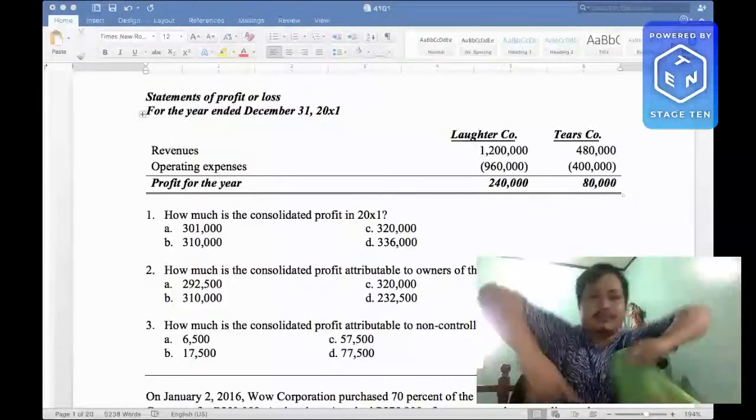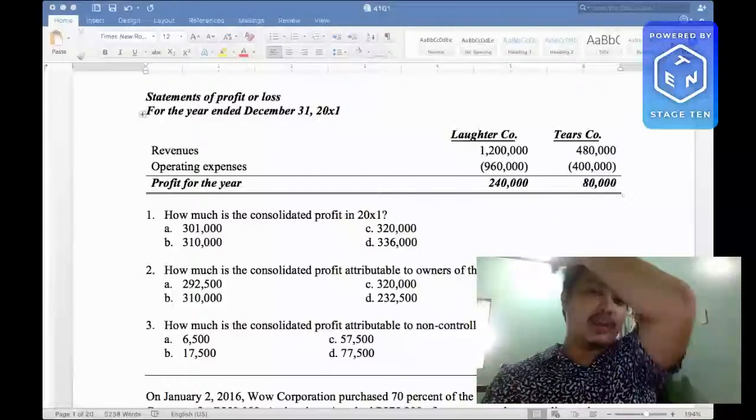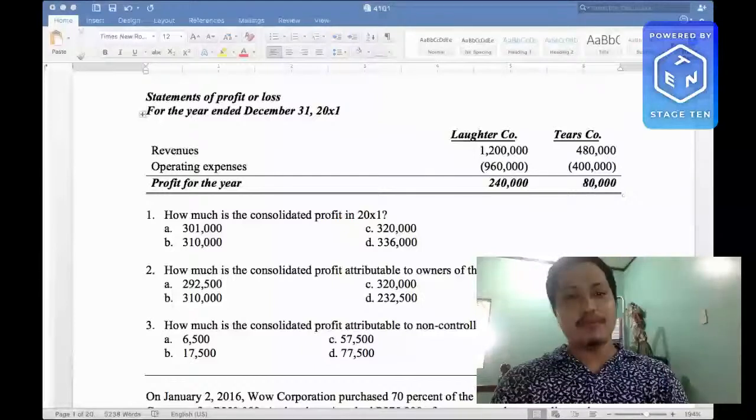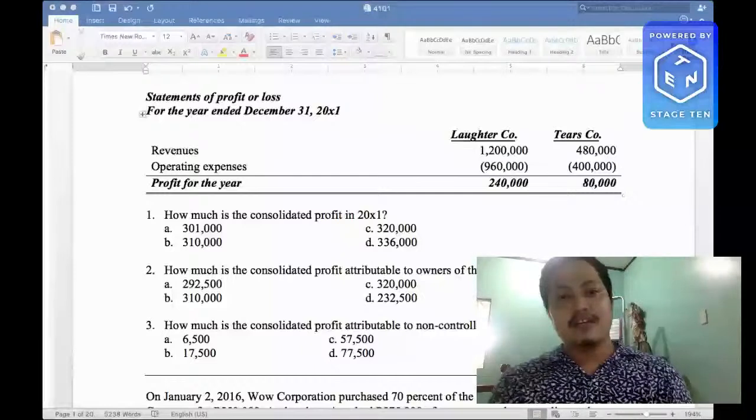So out of the 400,000, 50,000 pertains to the depreciation of the building. Now here comes the consolidated entity. He is now looking at the subsidiary. The records of the subsidiary show 400,000. Then the consolidated entity would say, I do not agree, because out of your 400,000, you only included 50,000 depreciation.